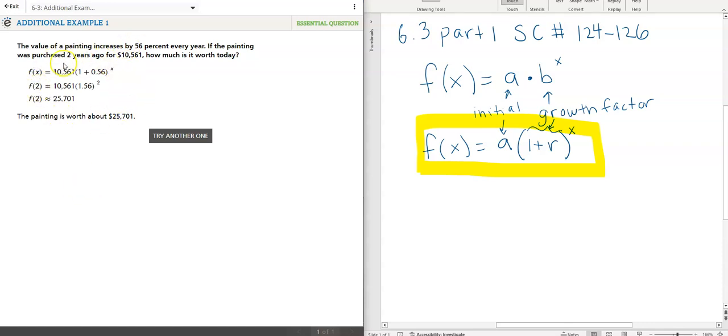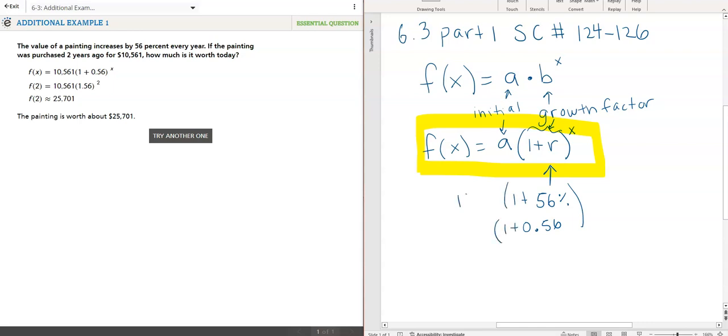So we're going to fill in the information here straight from our equation. Our rate is our 56%, and we have to turn that into a decimal. So that's where they get the 0.56. We're going to add 1 to that.